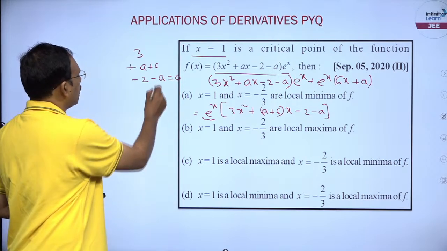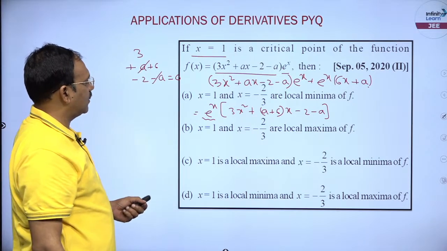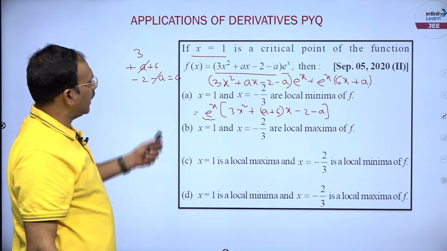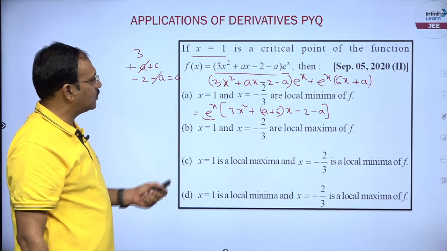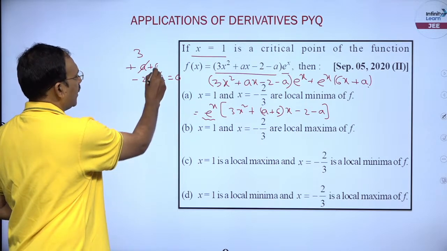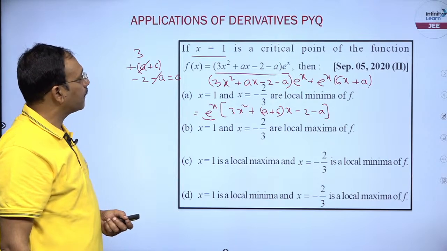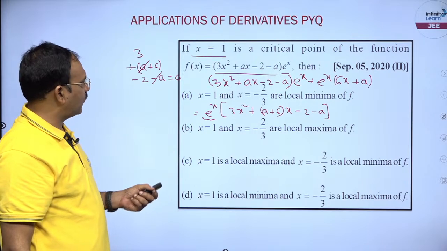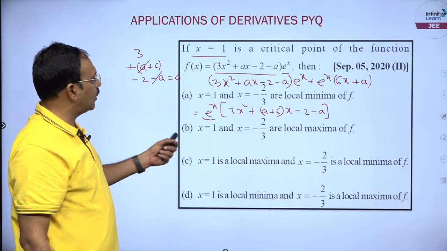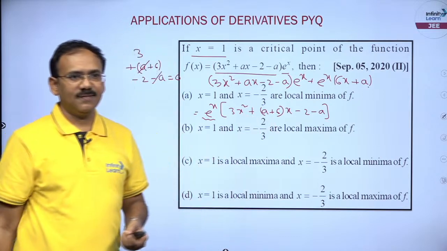Now he is asking about the critical point of this function, and then what about the local maximum, local minimum? You need to find the value of a, right.